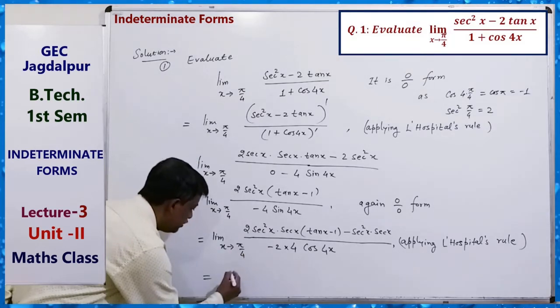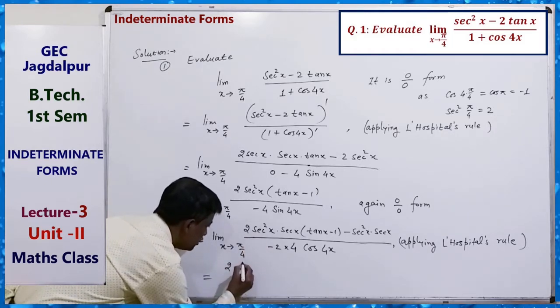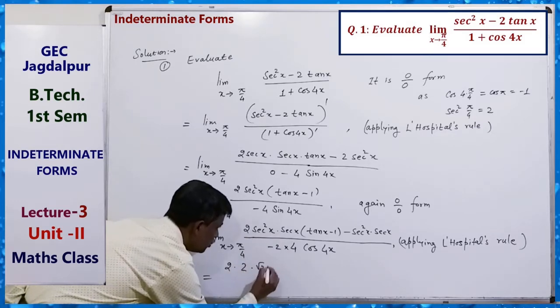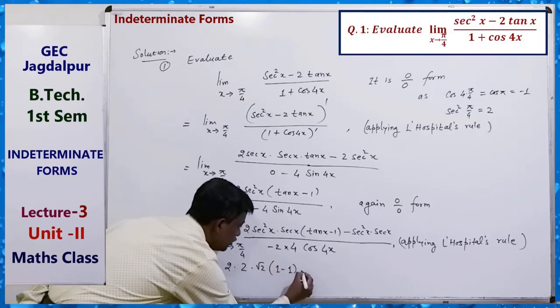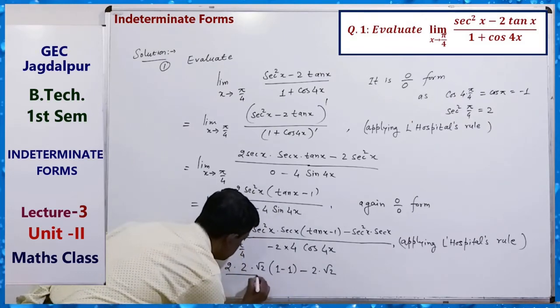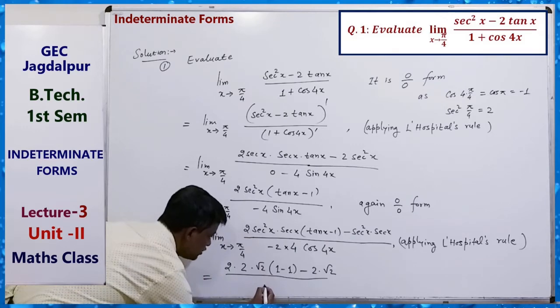Okay, so just we can get the limit as, apply limit, 2 into sec square means what? Here 2 root 2, 1 minus 1, minus 2 into root 2 upon here just 8.